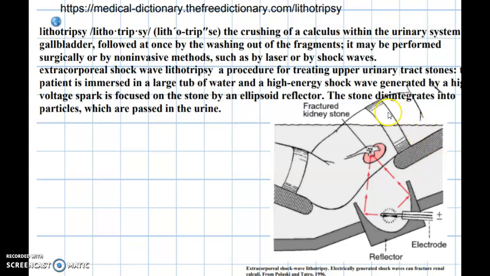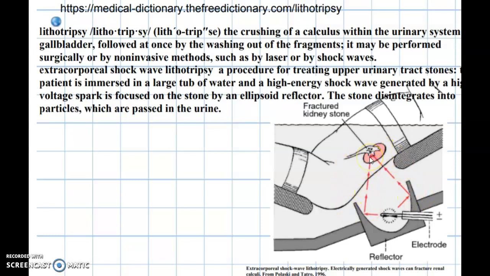So here you have somebody bathing in some water, and this one here would be the sound source. Notice it's at the focal point of this half ellipse, and then it reflects off the ellipse and comes back to the focal point of that same ellipse. Imagine that this ellipse continues on like this.